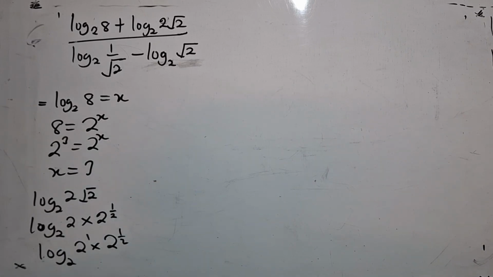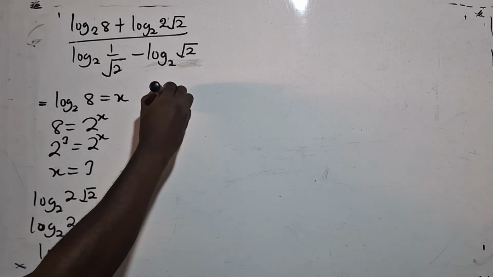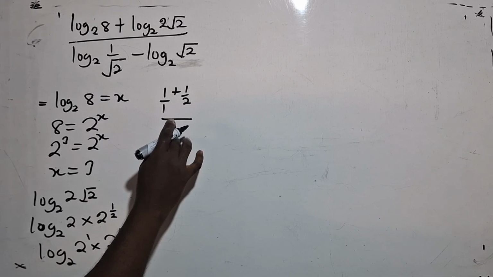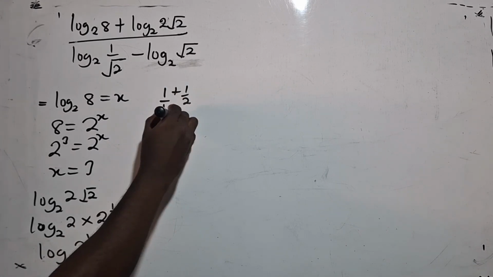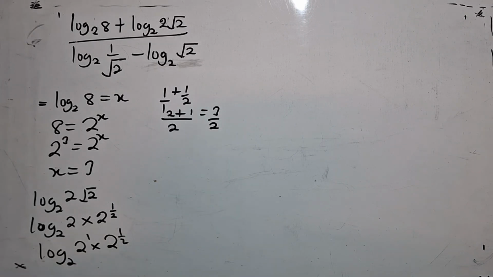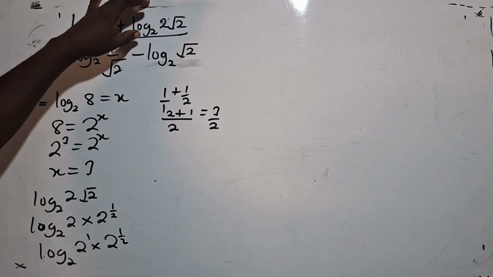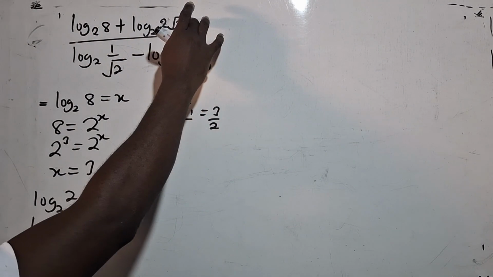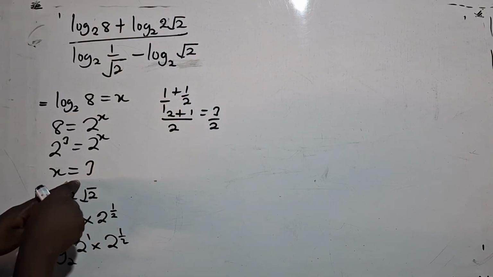It doesn't have a power, so we introduce the power 1. Now I'm going to add their powers. So I'll have 1 plus 1 on 2. The LCM will be 2. 2 divides 1 giving 2, 2 divides 2 giving 1. So I have 3 on 2, which is for this one. Follow closely, this is for this one too. And this one, I've solved it as 3 here.